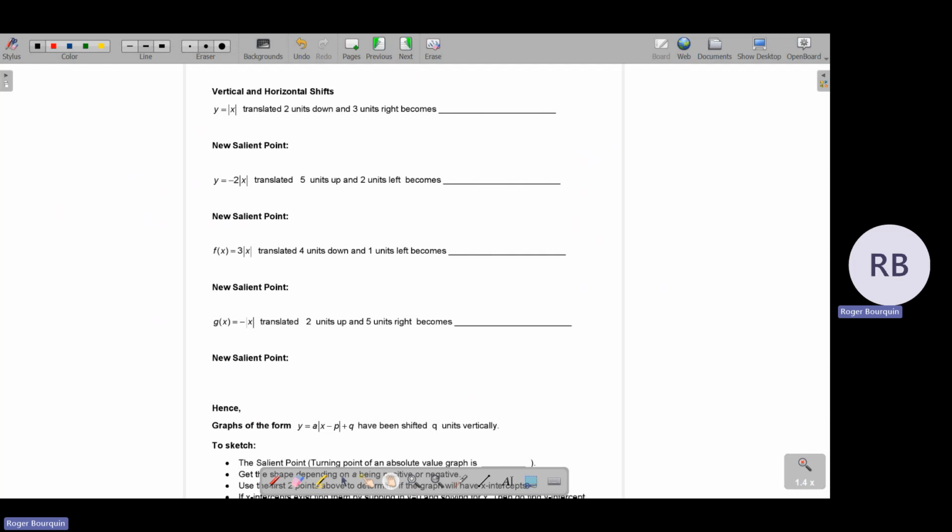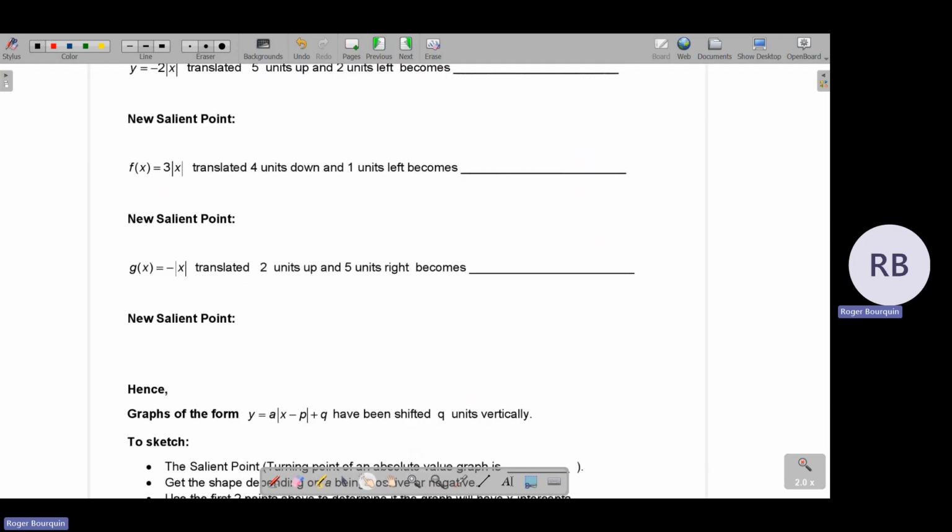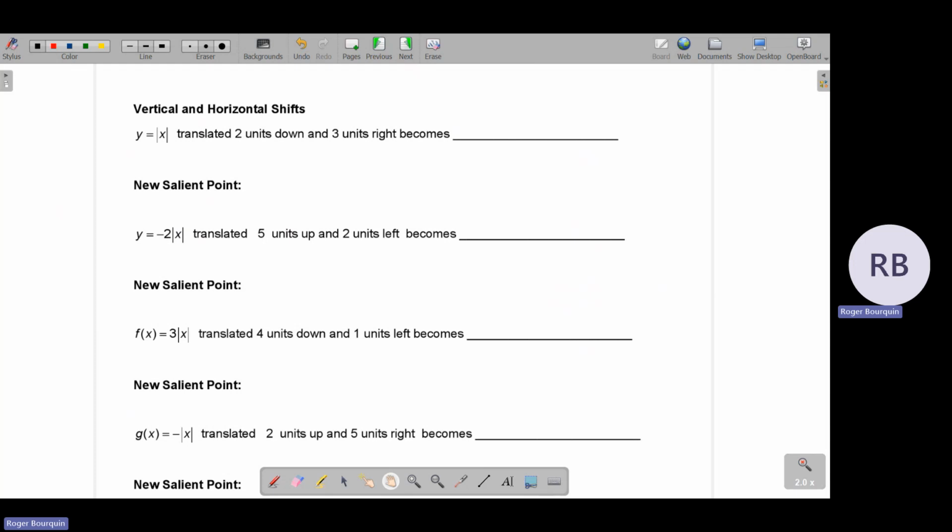If you've got the graph y equals the absolute value of x, and you shift it 2 down and 3 to the right, write down what the equation will become. You want to do two things to it: move it 2 down and move it 3 to the right.